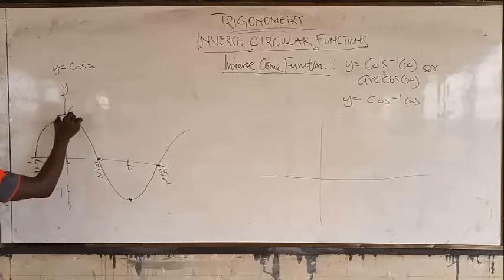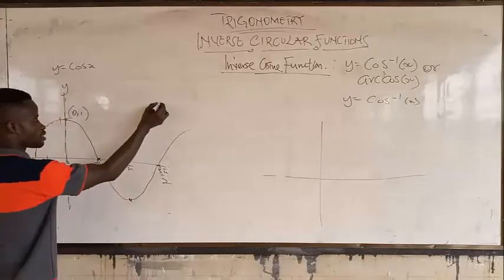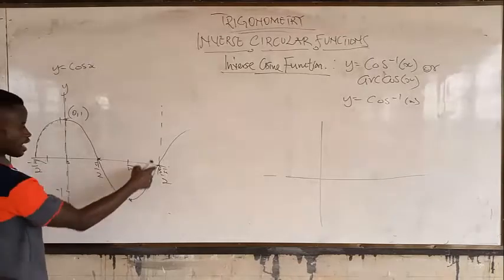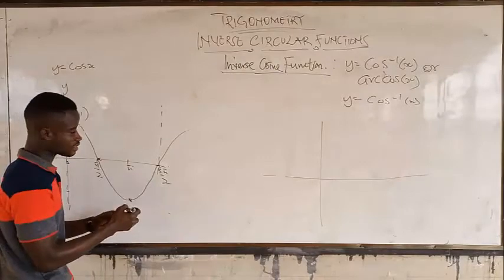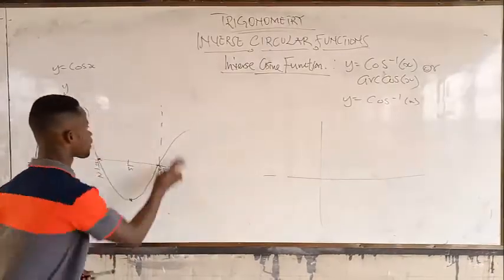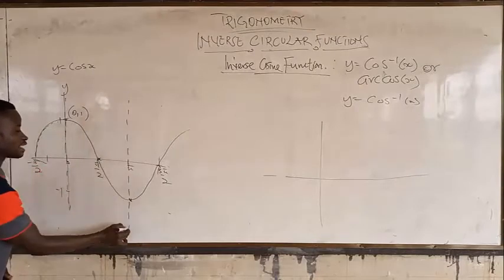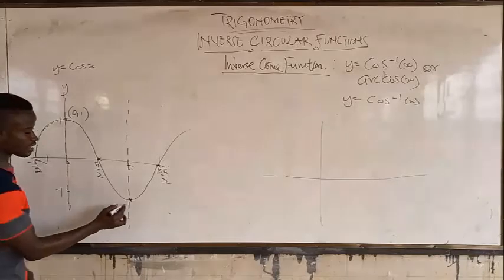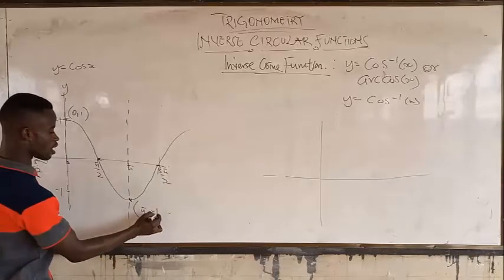Here is 0, 1. Restricting it to here will not help us because there is going to be more than one value, so therefore we restrict it at pi. I hope you can see that. I want you to get the understanding, the concept. And this is pi, negative 1.